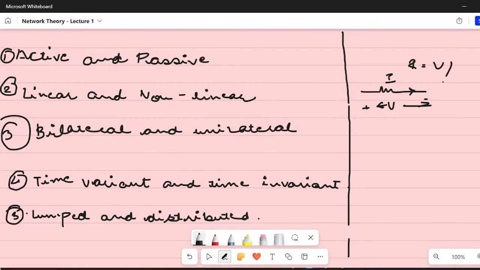R is equal to V by I. Now, in case we apply a reverse voltage here, the direction of current would be in this direction. By general sign convention, the resistance is unchanged. So such an element where the change in direction of current does not change the nature of its characteristic would be a bilateral element.